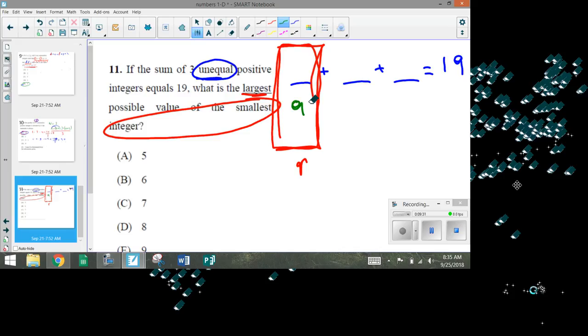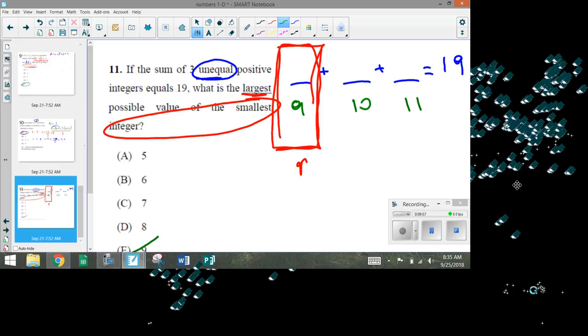Positive, and this is the smallest. So what is the next one? That was right, Brian, by the way. It's 10. And the next one could be 11. So add them all. 11 plus 10 plus 9 equals 30. It's way higher. Too much, right? Then this is not correct.